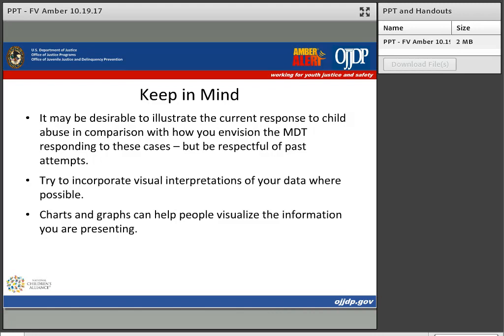You'll want to be able to illustrate what's happening currently in the community because we have to show where the gap is. We need to show what services are available now and then what we can do once our MDT is put into place. But you've got to be very respectful of past attempts.